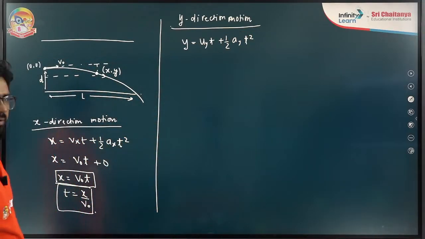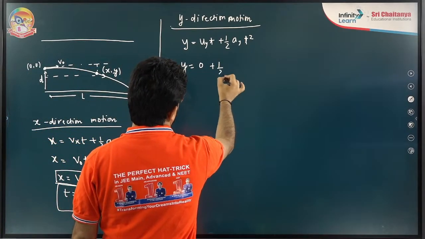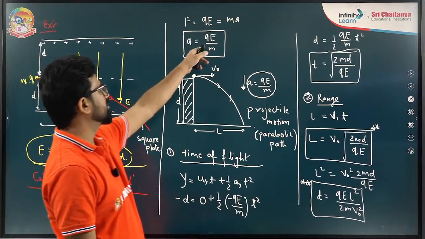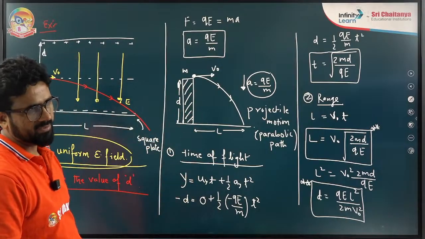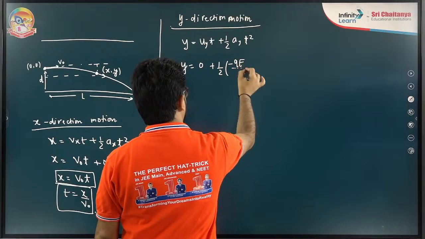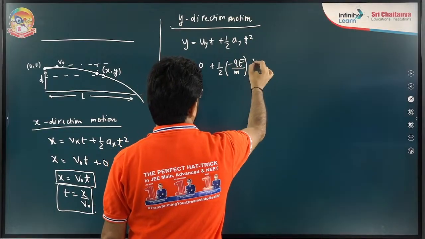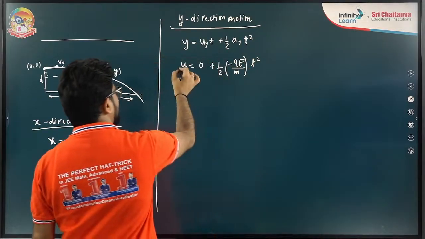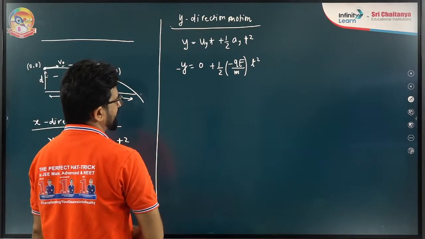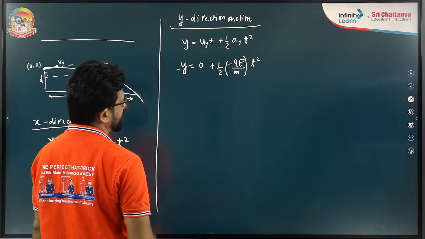Here uy is 0, plus half, and the acceleration we have already calculated is qE by m, in the downward direction. So you can say minus qE by m into t square. But remember, this y is also negative, so you can remove the minus sign, no problem.